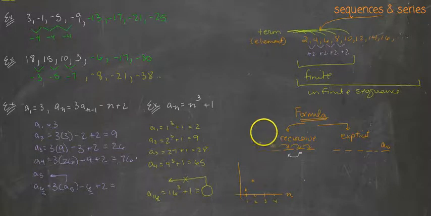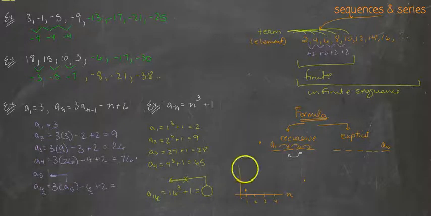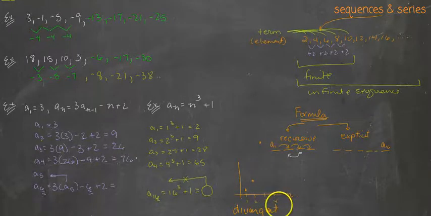So when points of a sequence take off toward bigger and bigger values, it could happen in the opposite direction, but if they take off like this, then we call this divergent. So they diverge. The points move away from the n-axis.